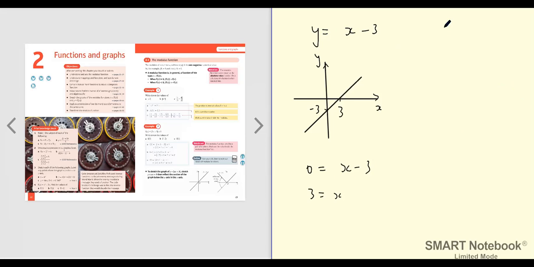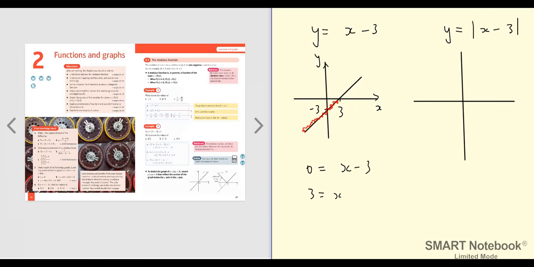Now, if I now look at y equals the modulus of x minus 3, so now we're looking at the modulus of a straight line. Well, what we understand is all of these values here are negative y values. So if they're negative y values, what I need to do is turn them positive. I just want the size of those y values.